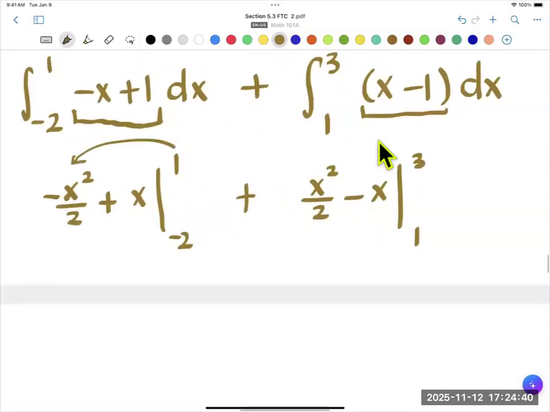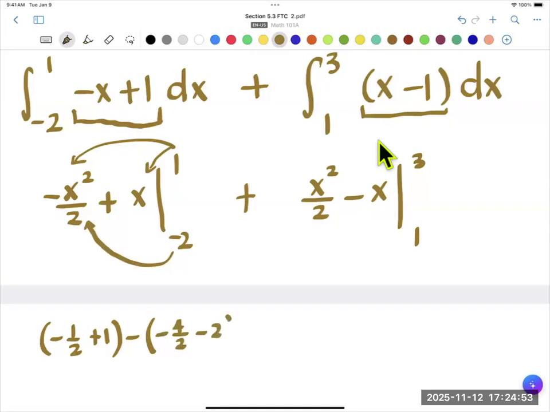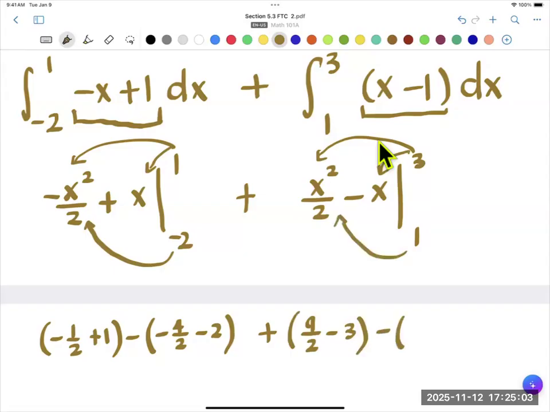Now we put in the values. We have -1/2 plus 1, minus, putting this in, -4 over 2 minus 2, plus 9 over 2 minus 3, minus 1/2 minus 1.